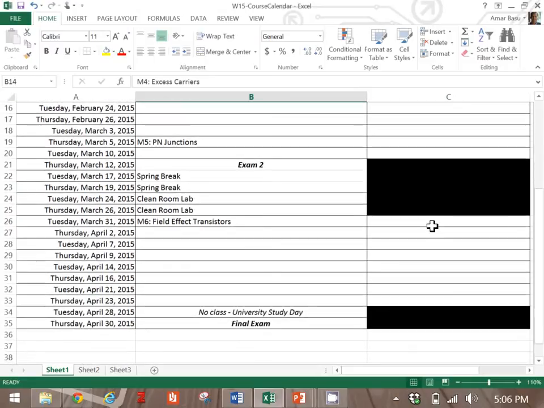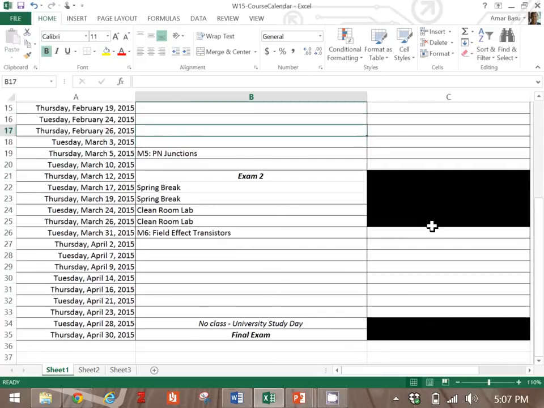The second half of the course is going to be on diodes. So module 5 is on PN junctions. So we'll start that sometime at the beginning of March, or maybe actually a little bit earlier than that, towards the end of February. And then we'll end off the semester by talking about field effect transistors.